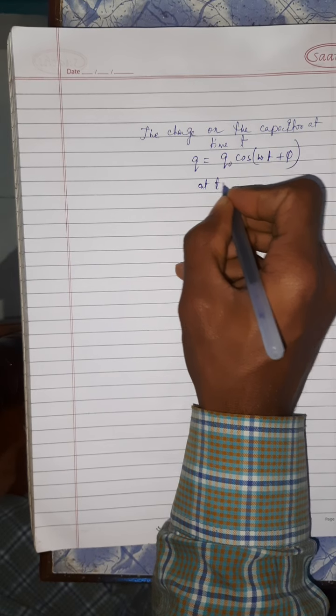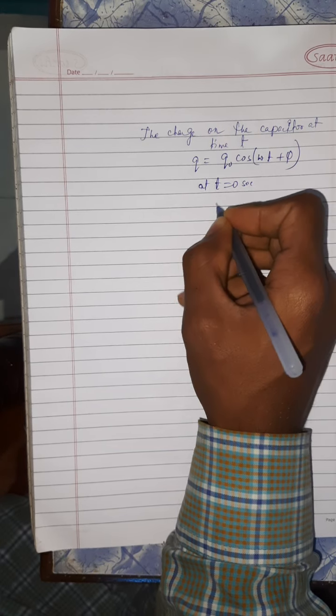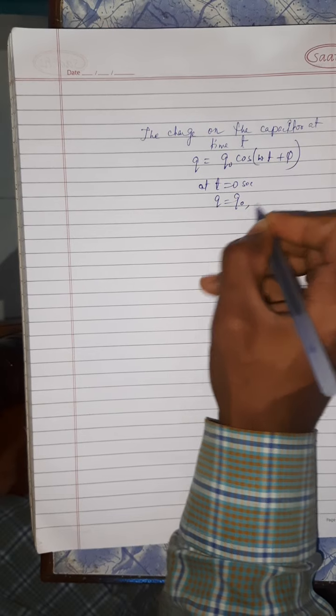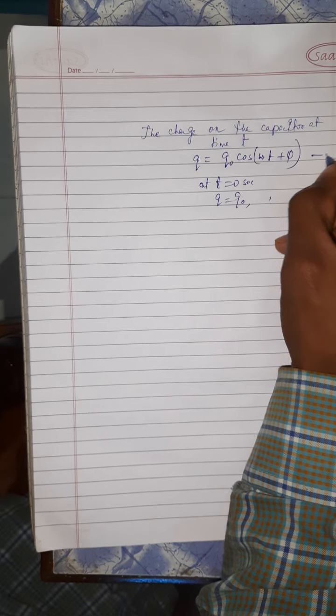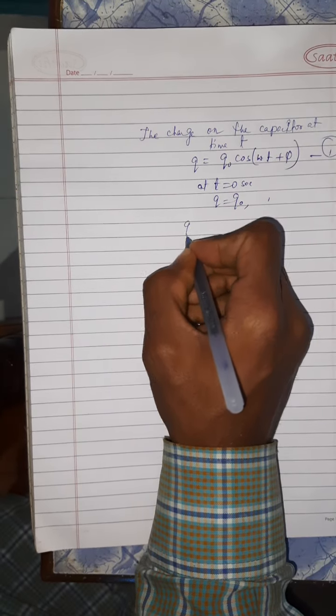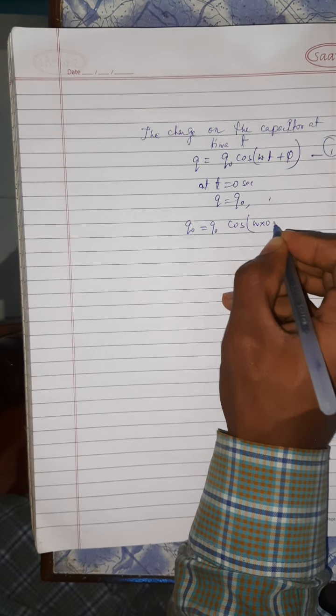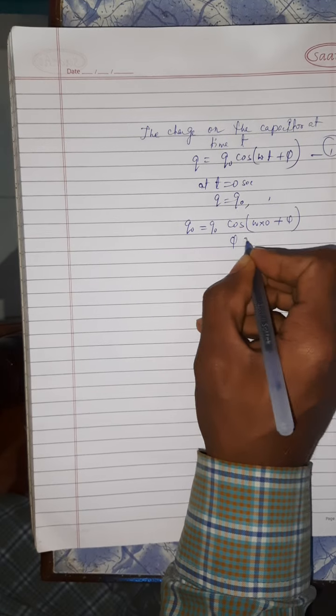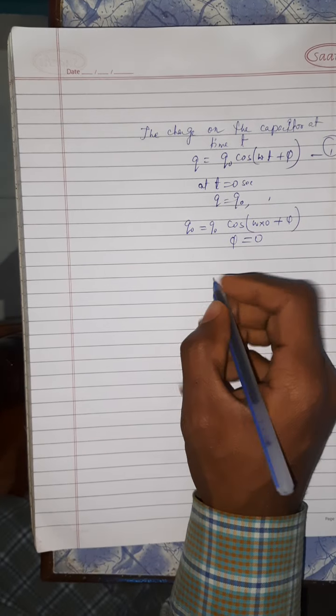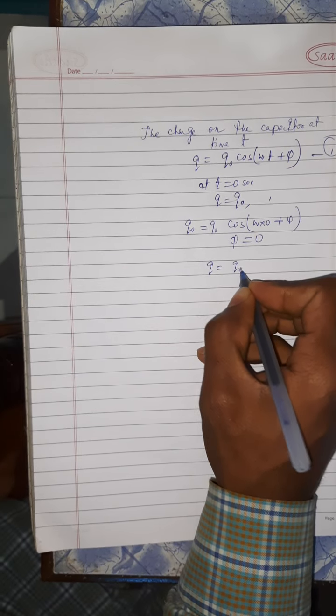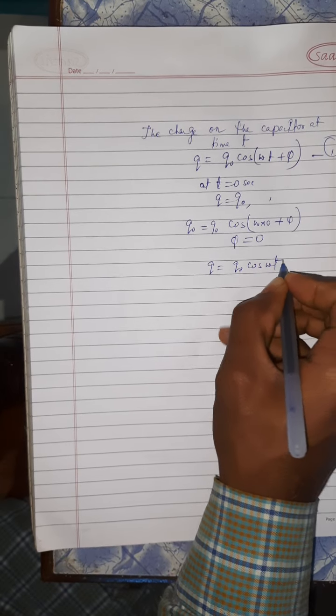At t is equal to 0 second, we had Q is equal to Q naught. So from this equation we can write Q naught is equal to Q naught cos (omega into 0 plus phi). We will have phi is equal to 0. So equation 1 can be rewritten as Q is equal to Q naught cos omega t.